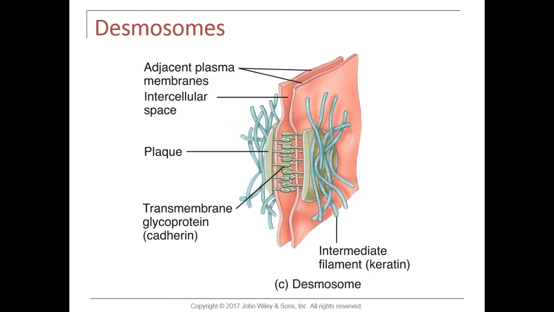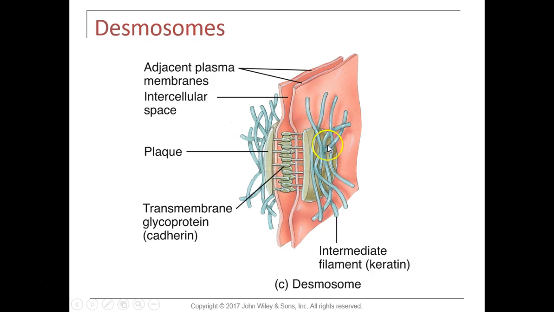Desmosomes are another anchoring type of junction. These types of junctions are spread around the cell in various positions where we have a plaque protein, but now the plaque protein is resembling this circular disc that is placed in different areas on the inside of a cell, and the plaque protein is anchored to parts of the cytoskeleton.